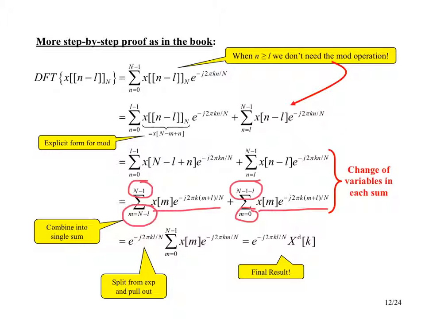And so we can combine those together. And when we do combine them together, we've got kind of a common exponential term here that can be factored out. So we factor that out in front. And this is just the DFT of the original signal. And so that goes there, and we're left with this linear phase term out in front.